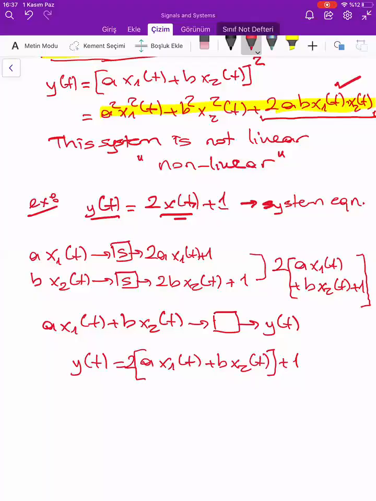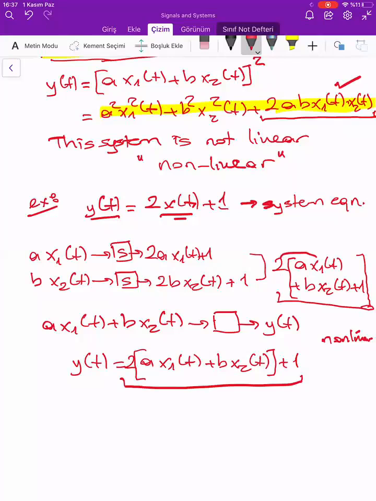You can see that when we multiply these, this will not be equal to this, right? There will be one extra. So this is like 2a x1, 2b x2, and 2 plus 2. This will be 2a x1, 2b x2 plus 1. So there will be a difference between these two. So this is again a nonlinear system, okay?